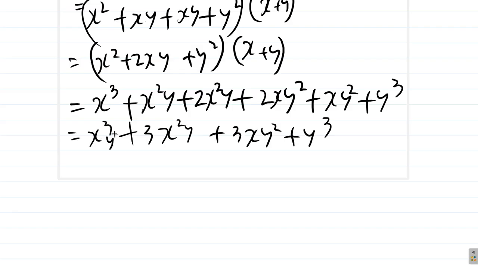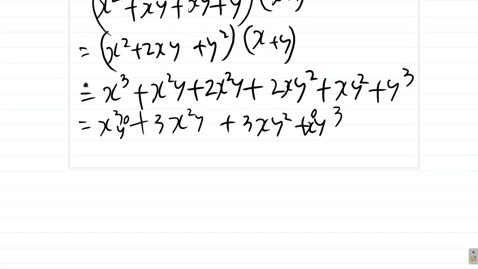So this is y to the 0 and this is x to the 0. The power of x goes from 3 and 2 right down to 0. So the power of x starts from the top and goes down.